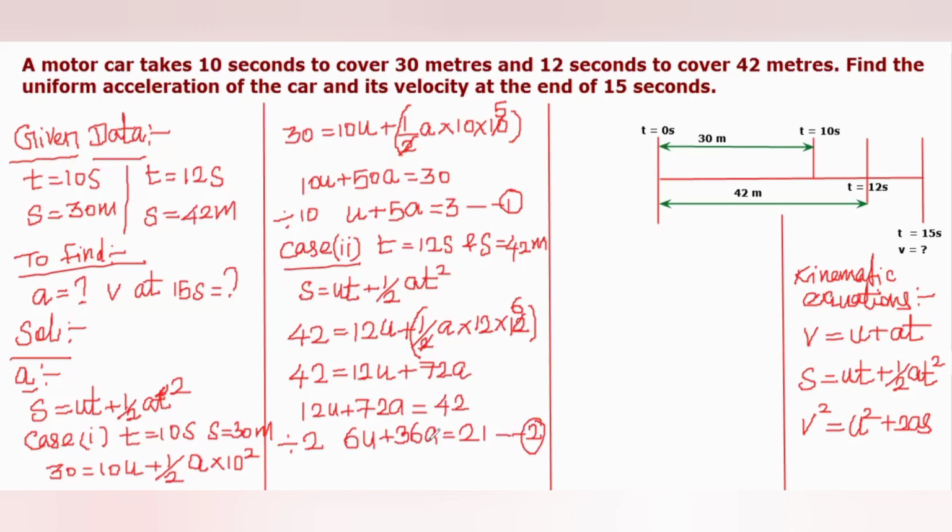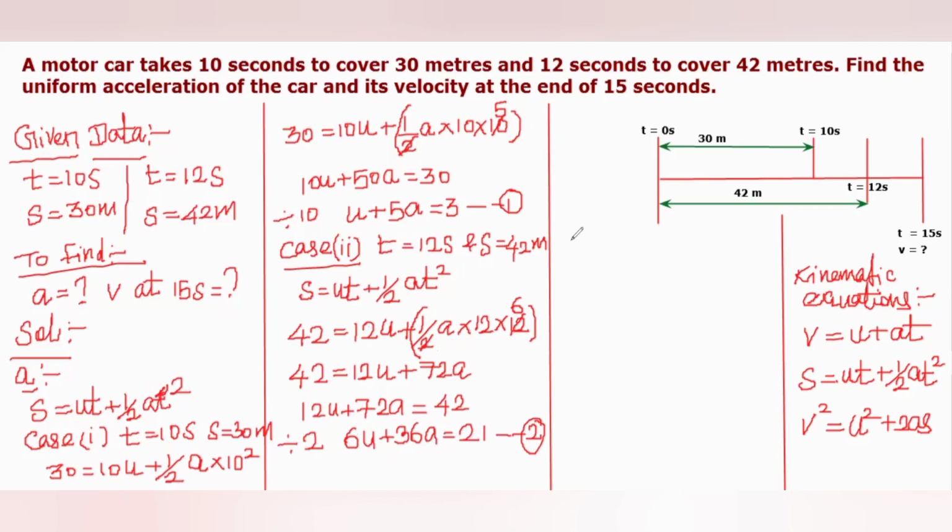By using these two observations, where t equal 10 seconds, s equal 30 meters, and t equal 12 seconds, s equal 42 meters, we substituted in the equation of motion s equal ut plus half at square, case 1 and case 2. We got two equations: u plus 5a equal 3 and 6u plus 36a equal 21.